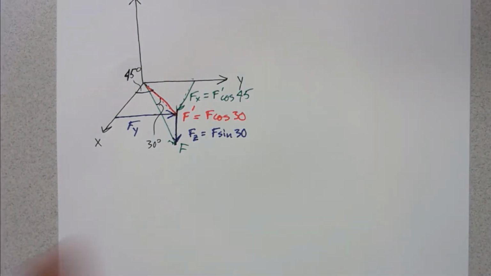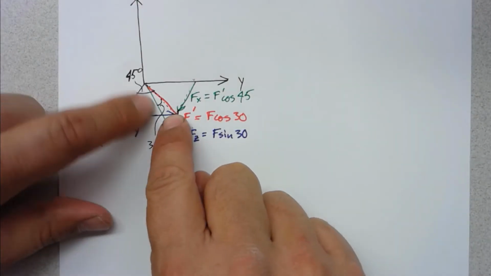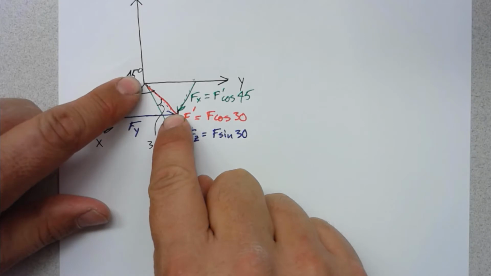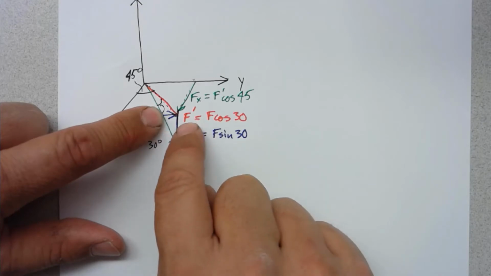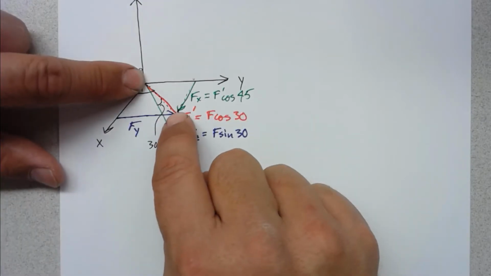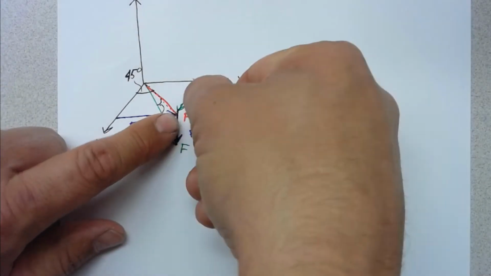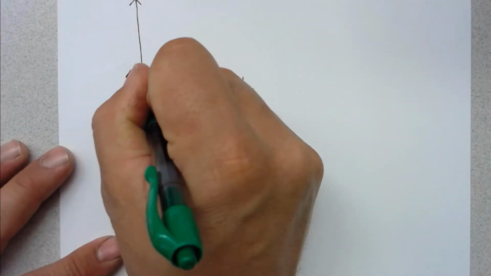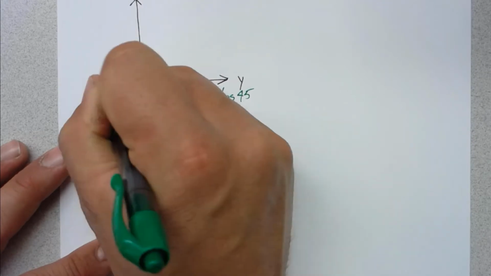F prime is this intermediate vector that lives in the xy plane. It's a stepping stone vector. So when I find that value, I multiply the magnitude of this vector times the cosine of 45 to figure out F sub x, which is the same vector as going along here. There's F sub x.